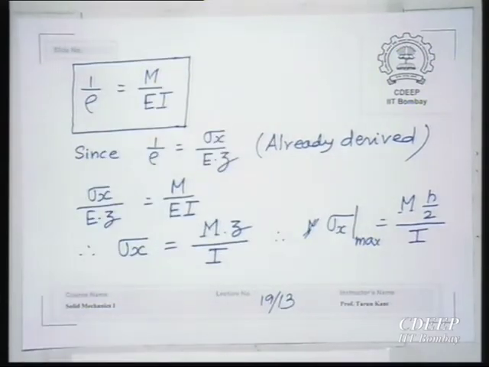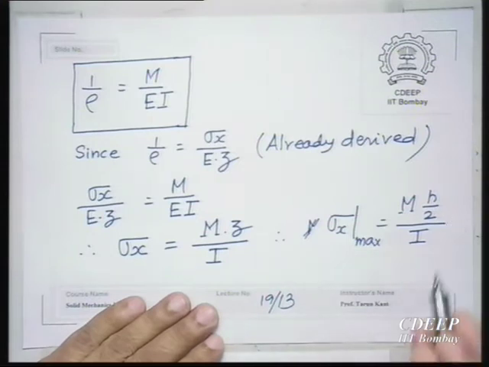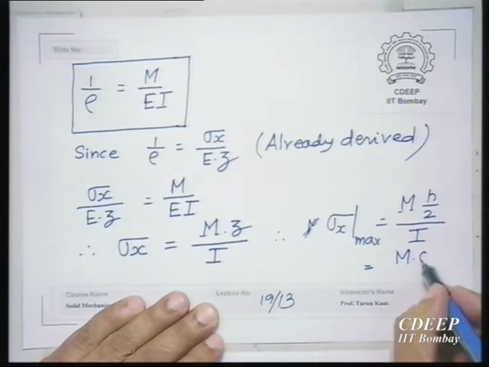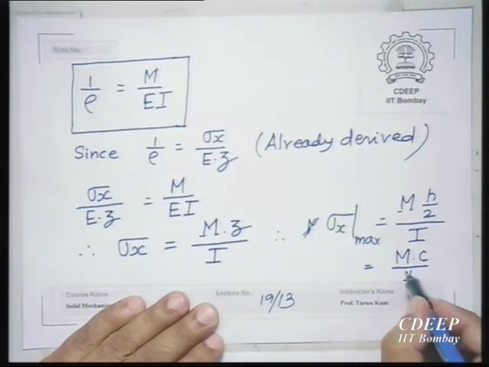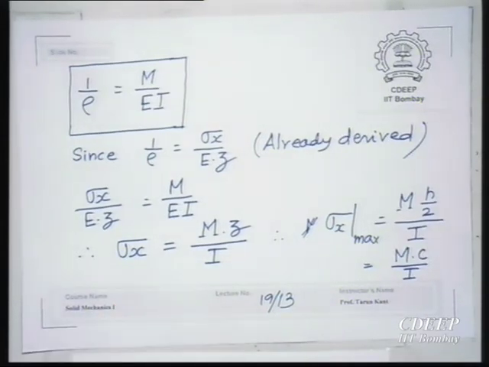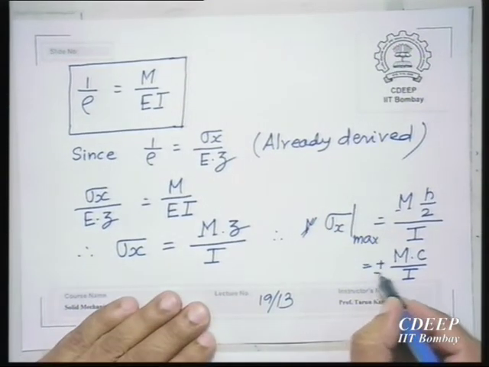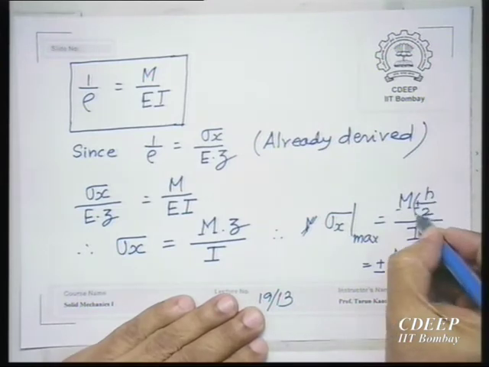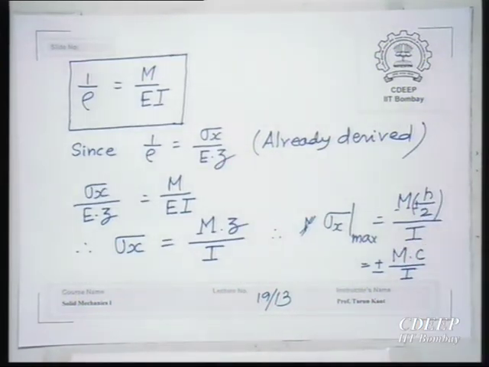This h by 2 is sometimes written as c, so it is Mc by I, and it can be plus or minus. So I will say plus minus h by 2.